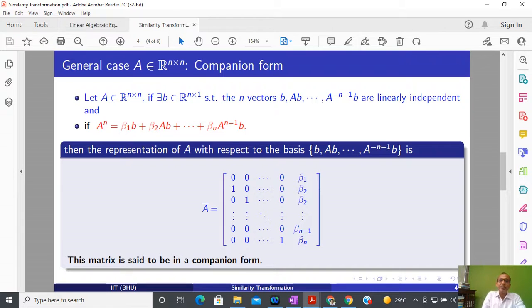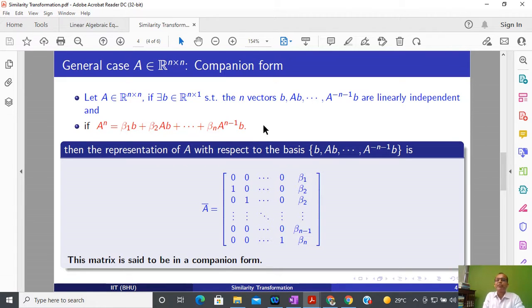Okay, so suppose I have an n cross n matrix. Similarly I will start with b, selecting 0 0 0 with the last entry 1.